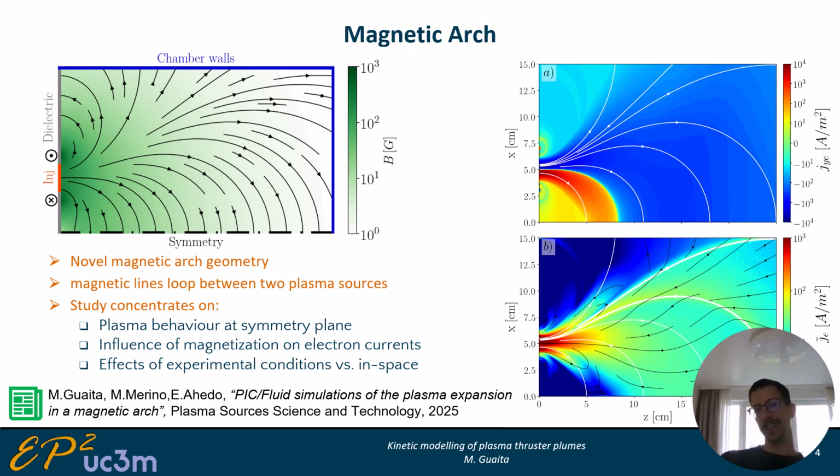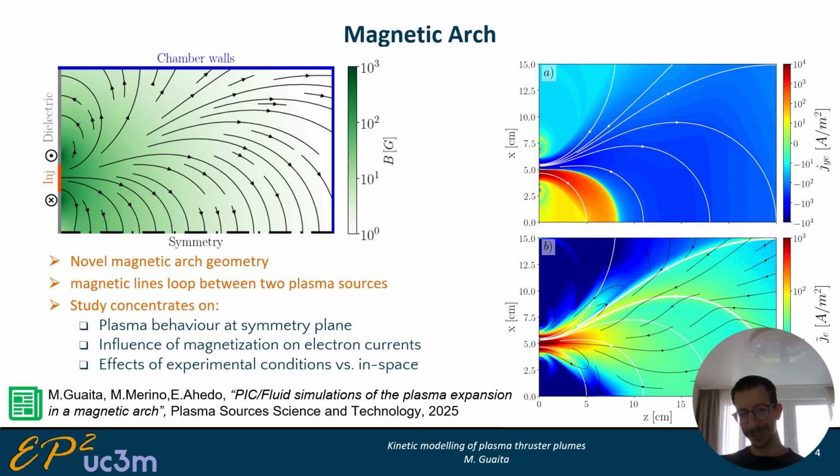The other thruster is on the other side of the symmetry plane, and in the case of the magnetic arch, the magnetic lines loop in an arch between the 2 thrusters. Now, this magnetic topology has some advantages with respect to the more traditional, let's say, straighter magnetic nozzles in which the magnetic lines do not loop between the sources.